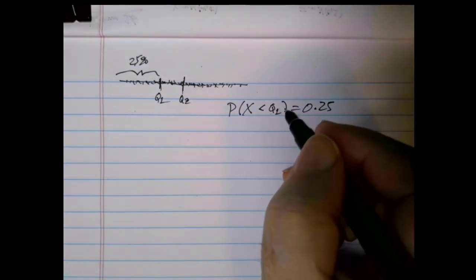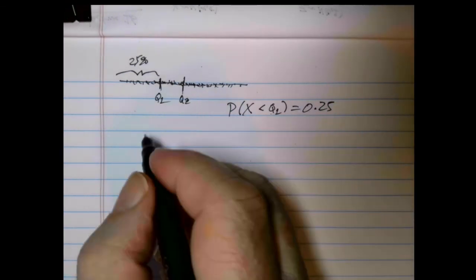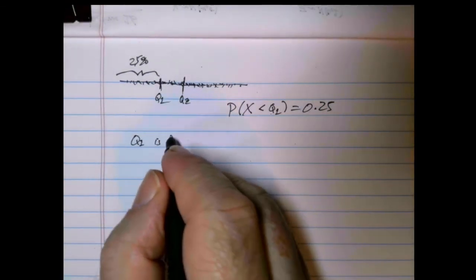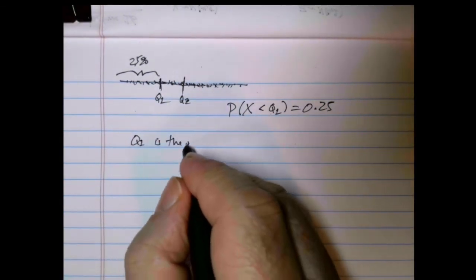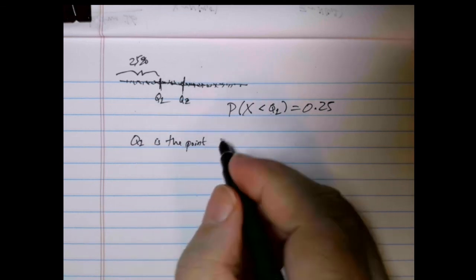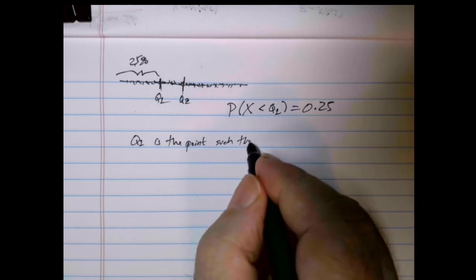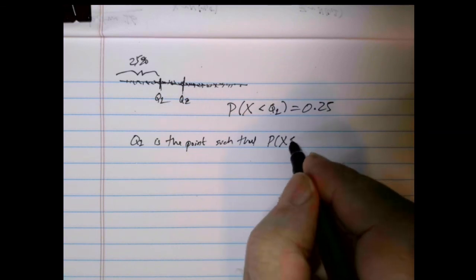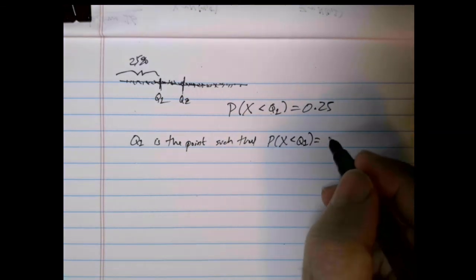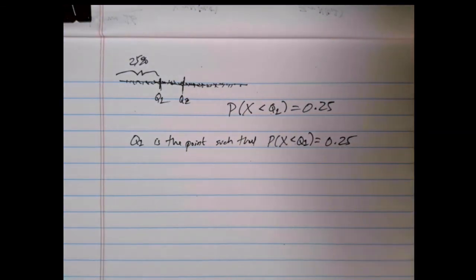And that's how Q1 is defined. Q1 is the point on the x-axis such that the probability that x is less than Q1 is 0.25. And the same for Q2 and Q3, and same for percentiles, and for that matter for deciles and quintiles and all the other things, most of which we don't use.